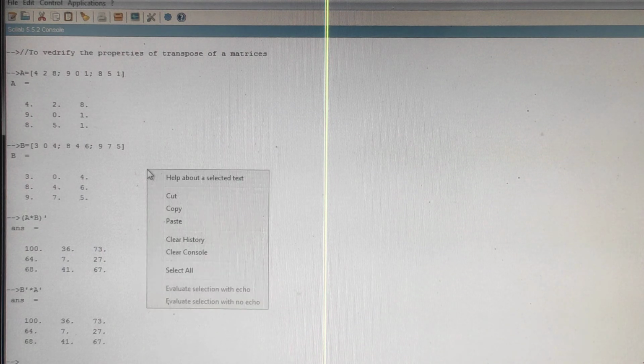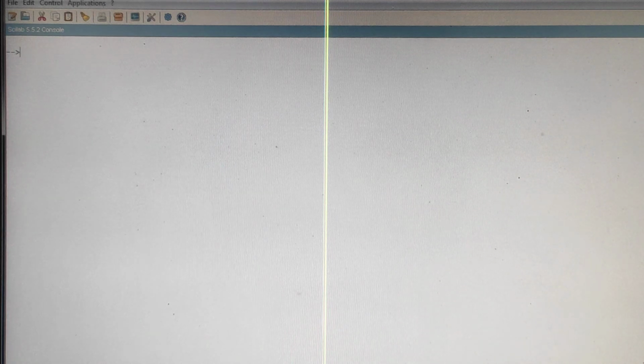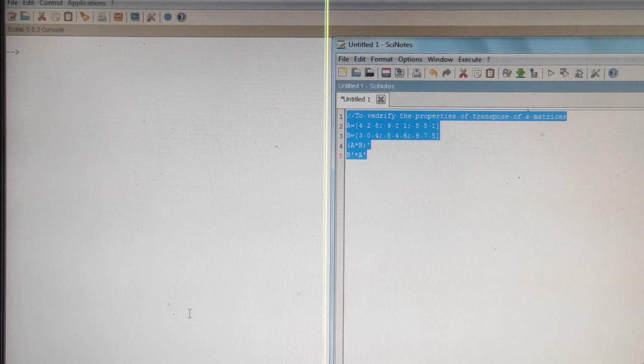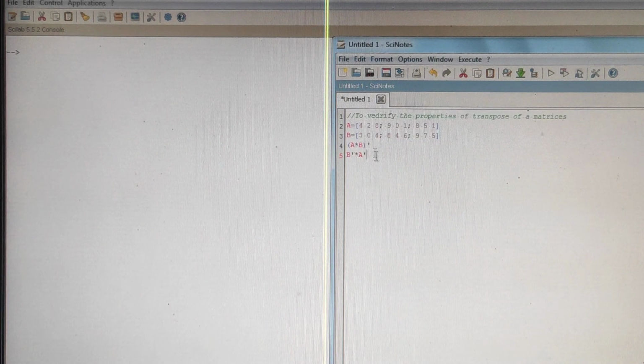Another one is the scalar multiple. That means the transpose of kA, k is a scalar, must be equal to k into A transpose. I am giving a particular value to k. Let us take k is equal to 2.